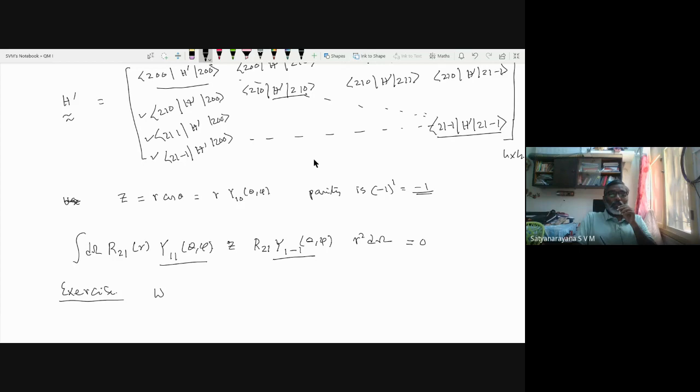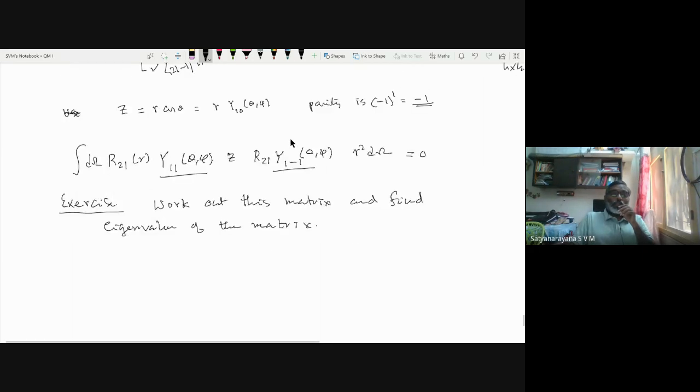Work out this matrix and find eigenvalues of the matrix. Okay, so let us say delta 1, delta 2, delta 3, delta 4 are eigenvalues, let's say.